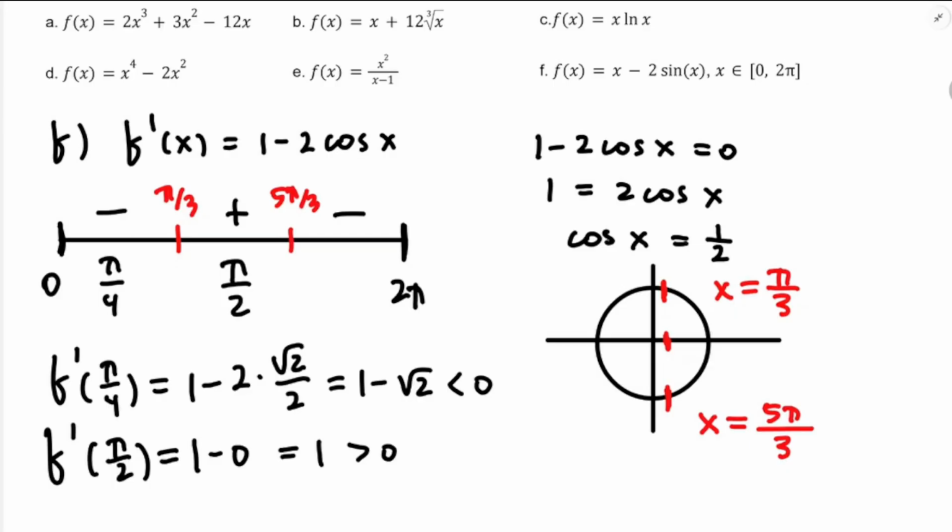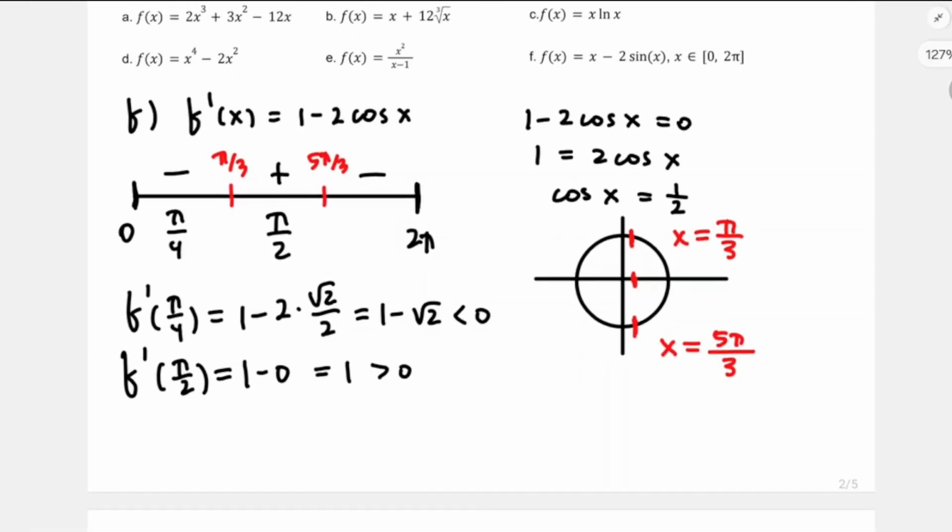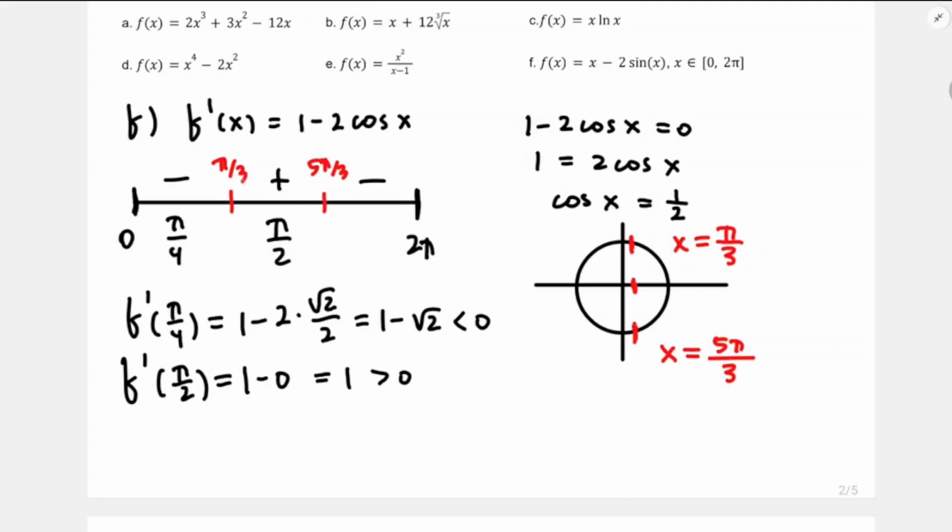And so I'm going to need to give myself some space here. Oh, I'll have hardly any. But x equals pi over 3 is going to be the location of the local minimum, because f prime went from negative to positive.